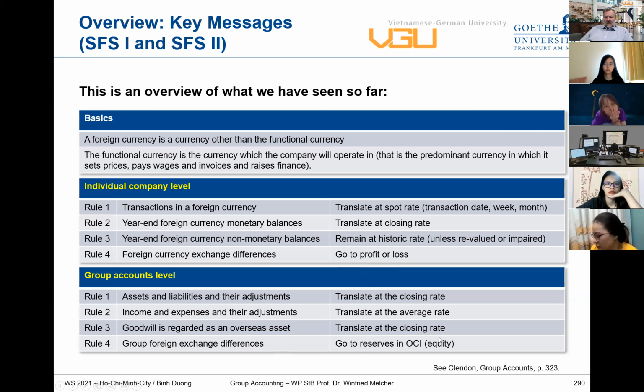When we are on the group level, we will send those foreign exchange differences to OCI because the standard setter thinks that those fluctuations are not earned and therefore should be parked in a separate caption of the equity, and that is other comprehensive income or OCI, and it's part of equity, and it will not be shown in the profit and loss statement.